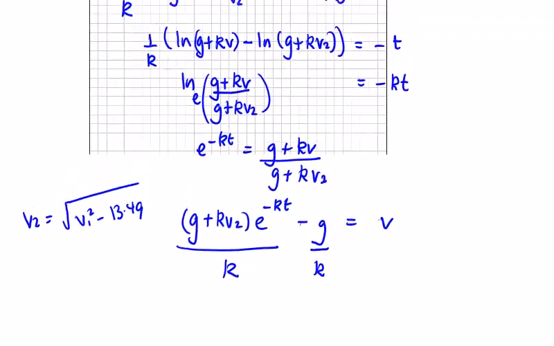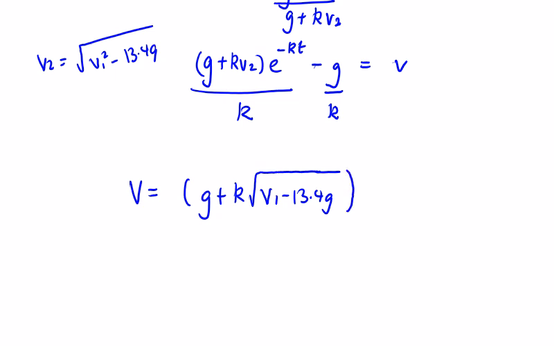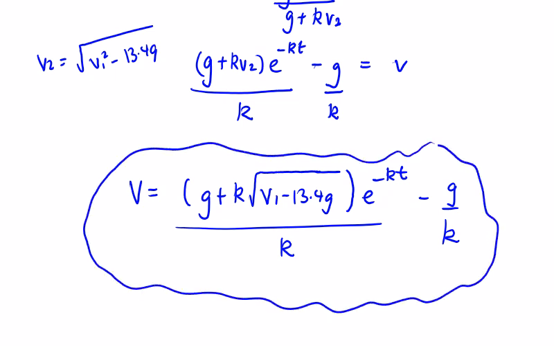I think that's all I can do. So then I have everything in terms of v. So v will be equal to g plus k times v2, which is the square root of v1 squared minus 13.4g, times e to the power of minus kt, all over k. Not the tidiest maths in the world, and maybe not something that's going to make you fall in love with applied maths. I can factor out the 1 over k, minus g over k. That's my final attempted solution at this question.